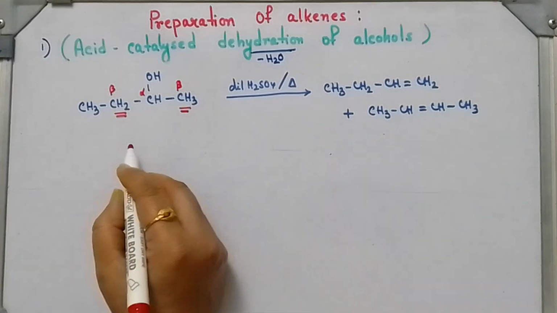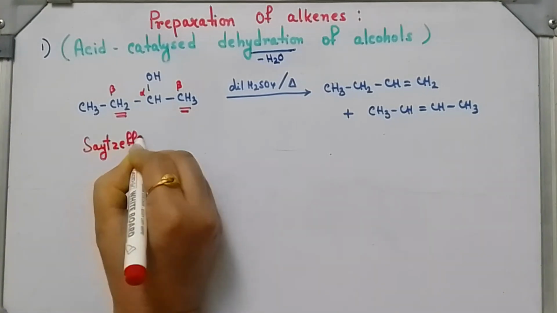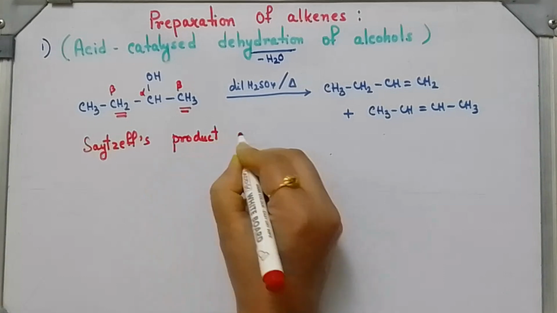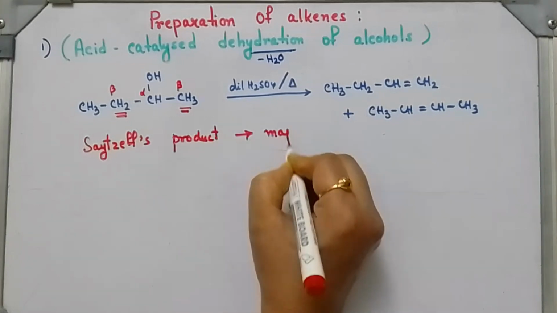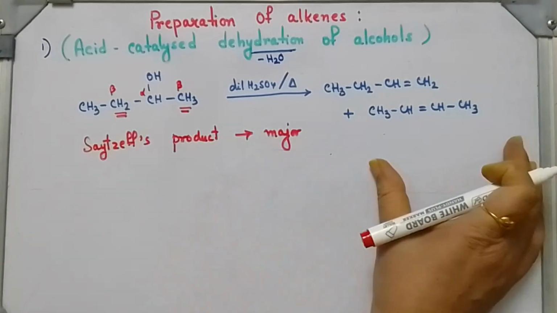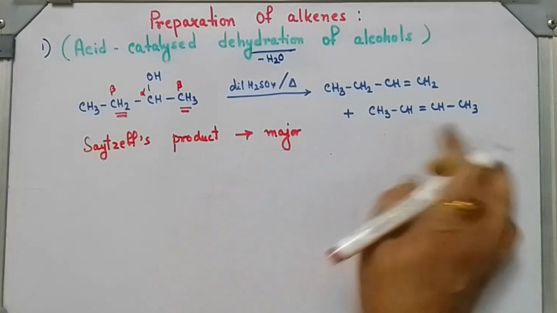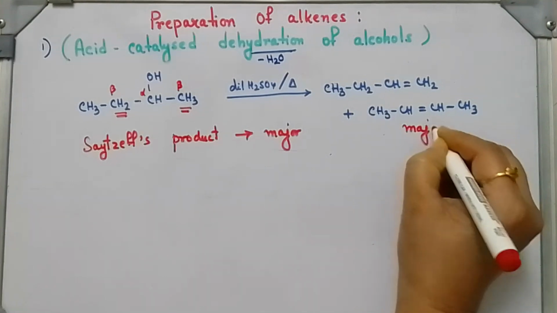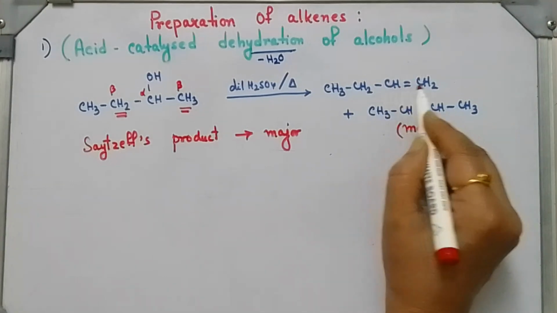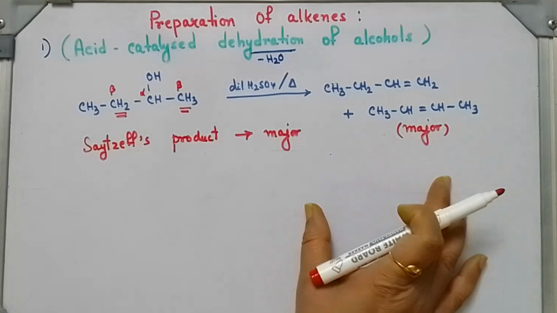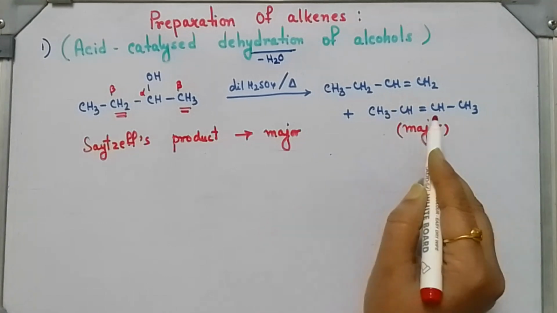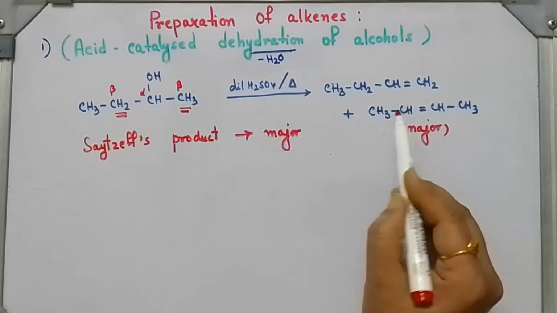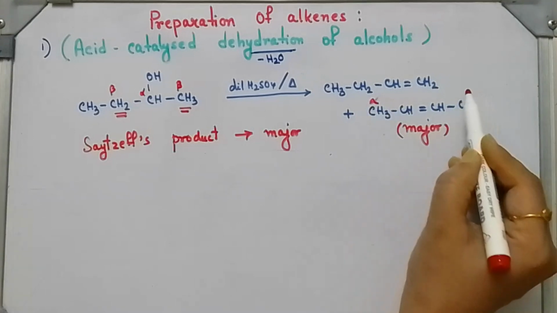Which one will be the major product here? In this case, Saytzeff's product will be the major product. Which one is the major product? The more substituted alkene. This is the more substituted alkene, so this is your major product, and this is less substituted, so this will be your minor product. So here you are getting a mixture of alkenes. Why is this major? With respect to this double bonded carbon, this position is alpha, and with respect to the other double bonded carbon, this position is alpha.